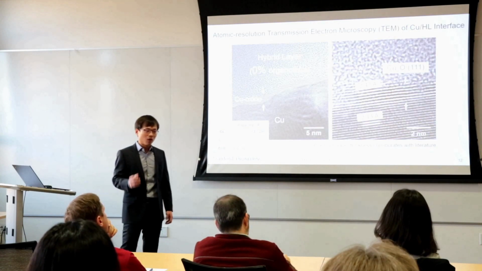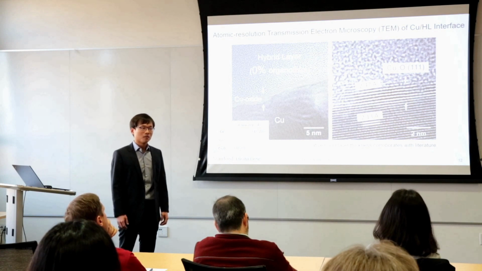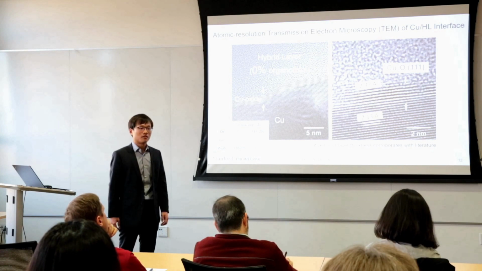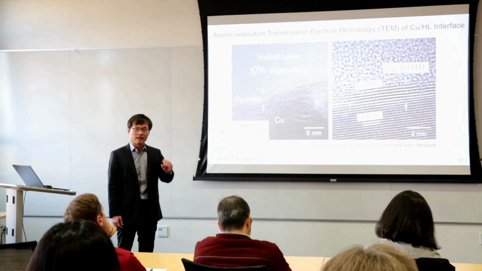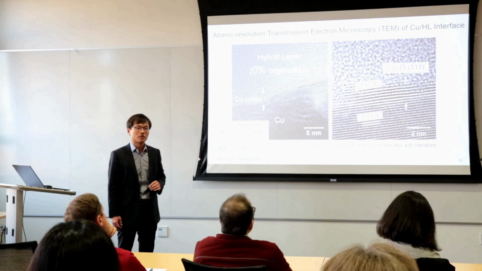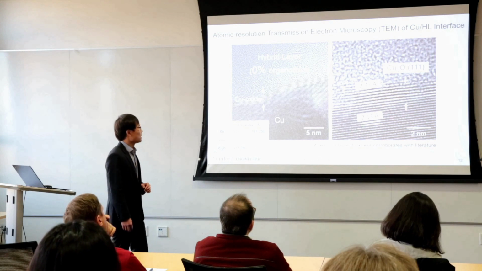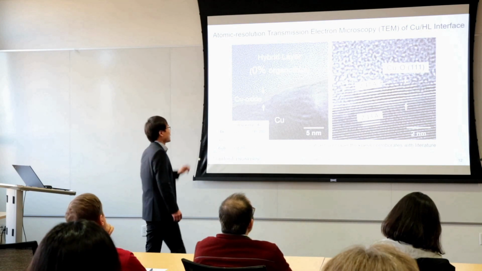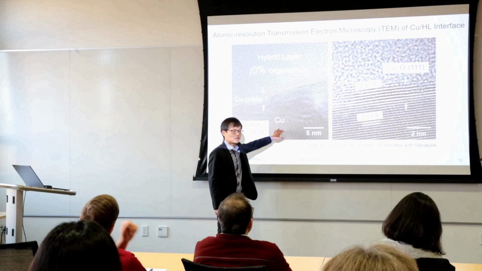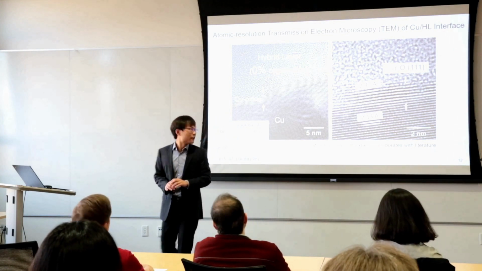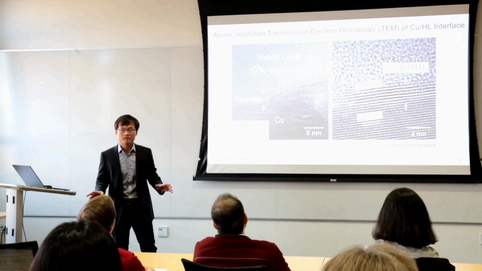And to quantify that, we performed transmission electron microscopy, looking right at the hybrid layer copper interface where the copper oxide should exist. Here are atomic TEM images of the hybrid layer copper interface containing no organosilyl.